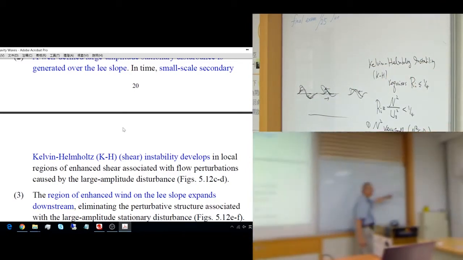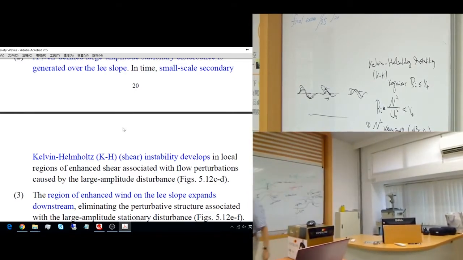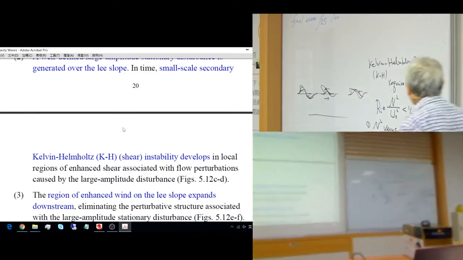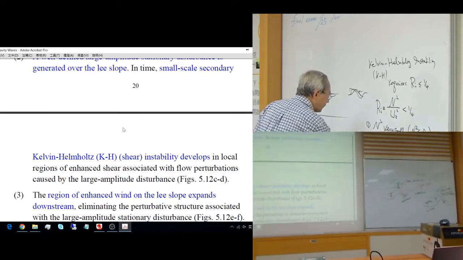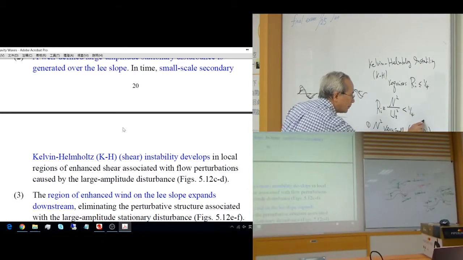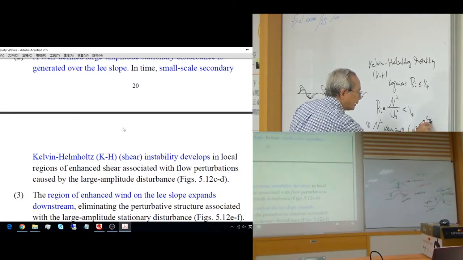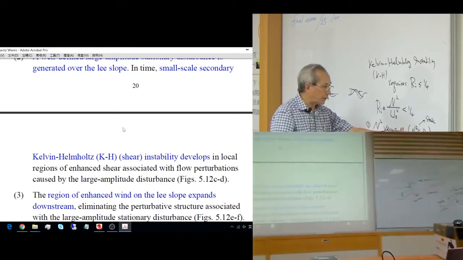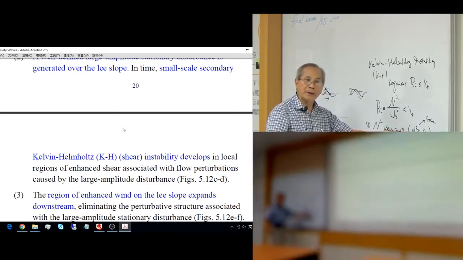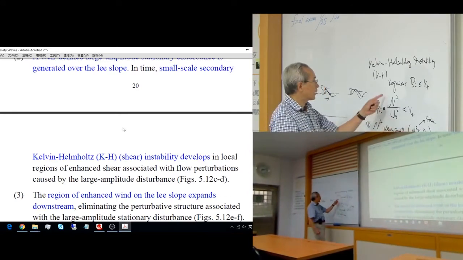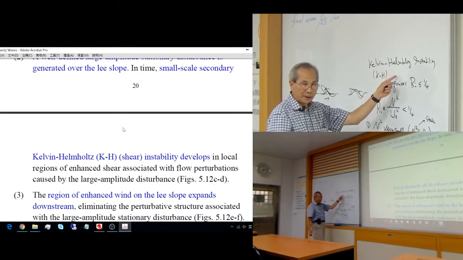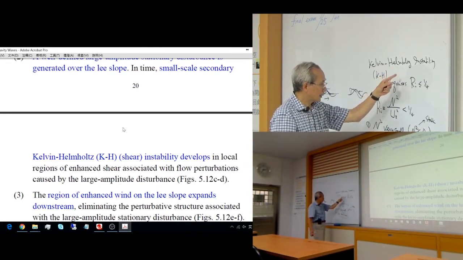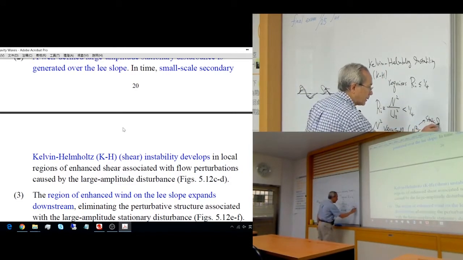Static instability, and you can have this happen. It doesn't necessarily have to be negative, but normally when it's negative, it's very strong. You can induce this kind of K-H instability, Kelvin-Helmholtz instability, static instability.